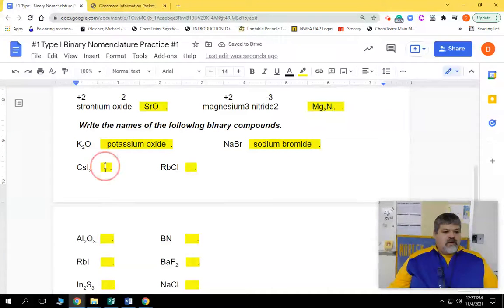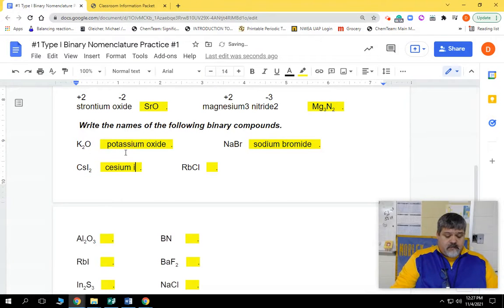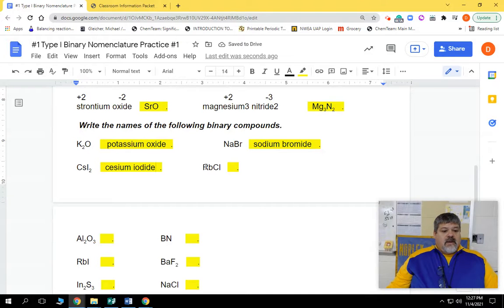Cs is cesium, and I is iodine, which changes to iodide. Rb is our metal, rubidium, and Cl is chlorine, so we change the ending to "ide," so it'll be chloride.